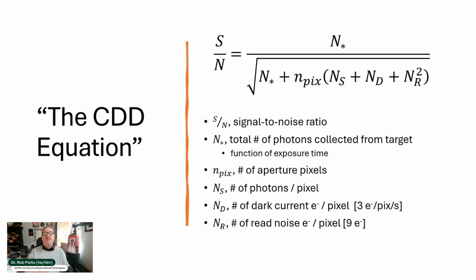Dark current is going to be a constant value at a particular integration time. In reality, in a way, it's kind of a velocity. It's the number of electrons per pixel per second.